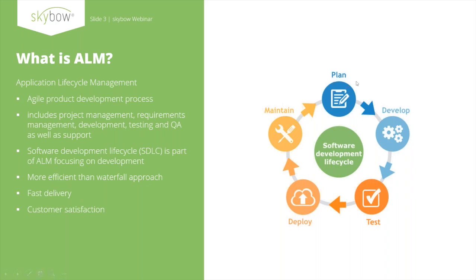And you can see here in the picture, it's all about you plan an application or parts of an application, and then you develop it, you test it, you deploy it, and then you maintain this functionality, and you start again. So it's the whole change management on an application. And we have definitely a cool way of how we can simplify this process, building business solutions on SharePoint.